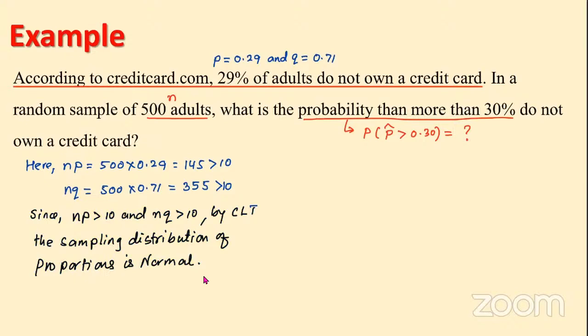And for that normally distributed sampling distribution, the mean of the proportion, we can write mu sub p hat, is equal to p, which is 0.29.